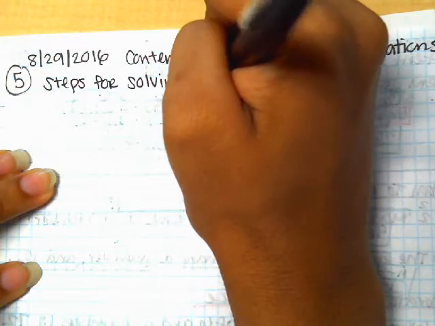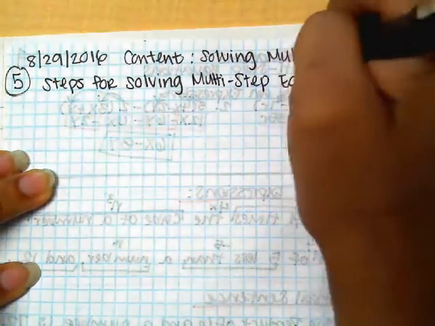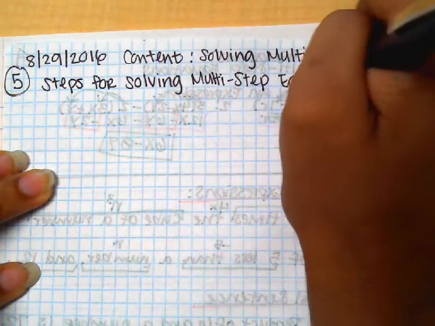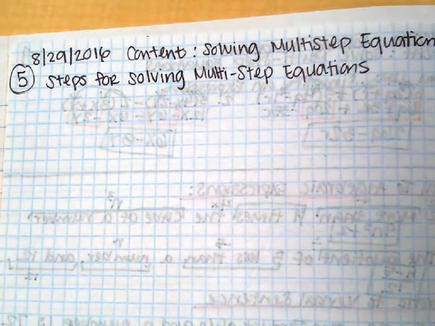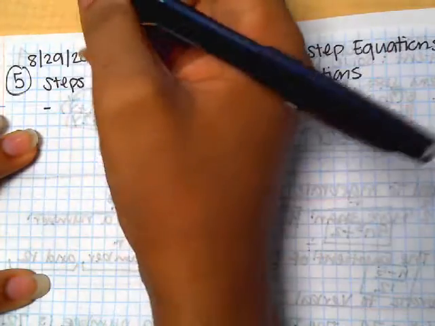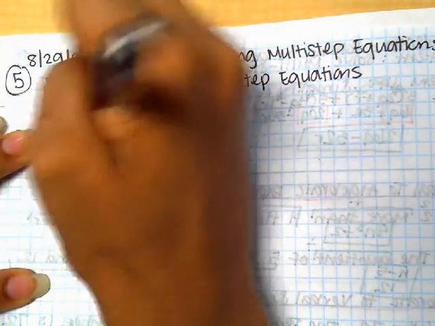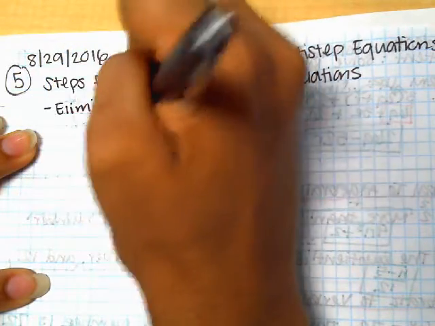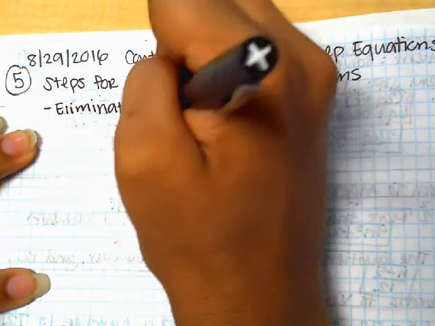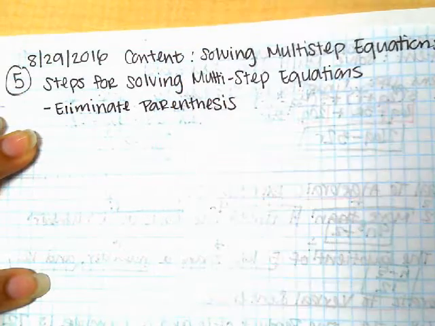Alright, there's going to be 5 steps. First one, eliminate parentheses. Then combine like terms. Next, get your variable to one side.